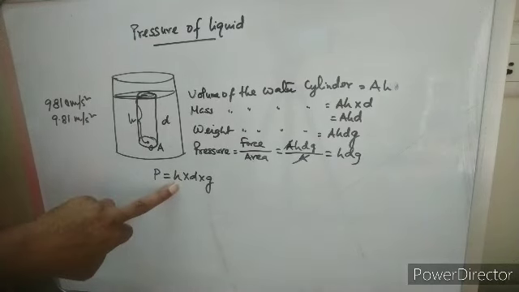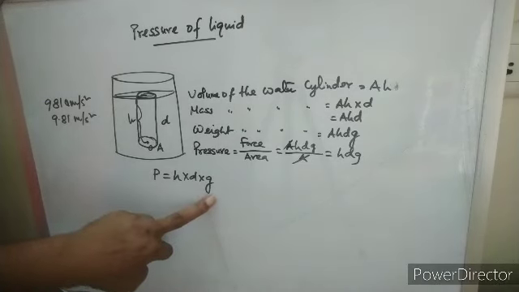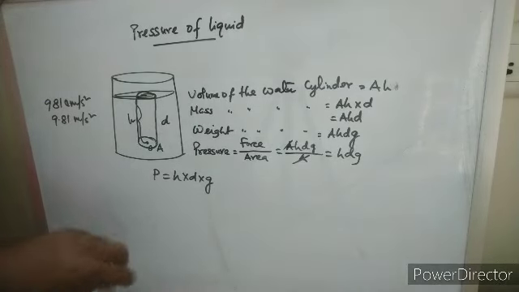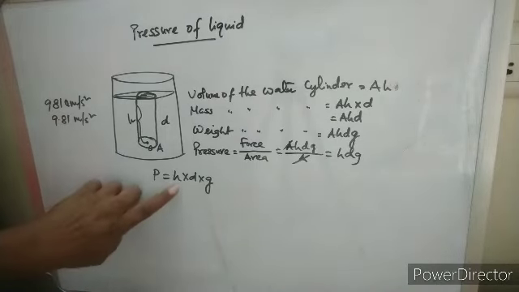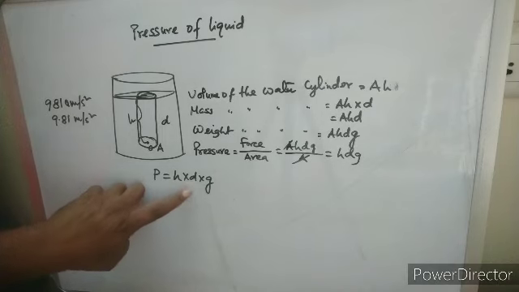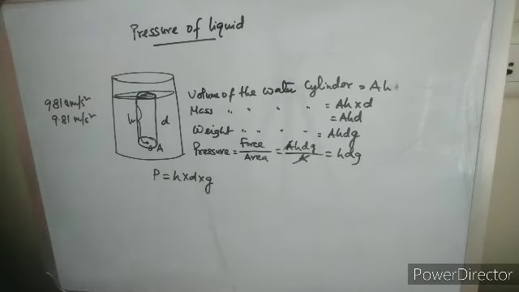If you are working in CGS system, you have to maintain it in centimeter, D in gram per centimeter cube, and G in centimeter per second square. If you are finding the value in SI system, then the height will be measured in meter, D in kilogram per meter cube, and G in meter per second square.